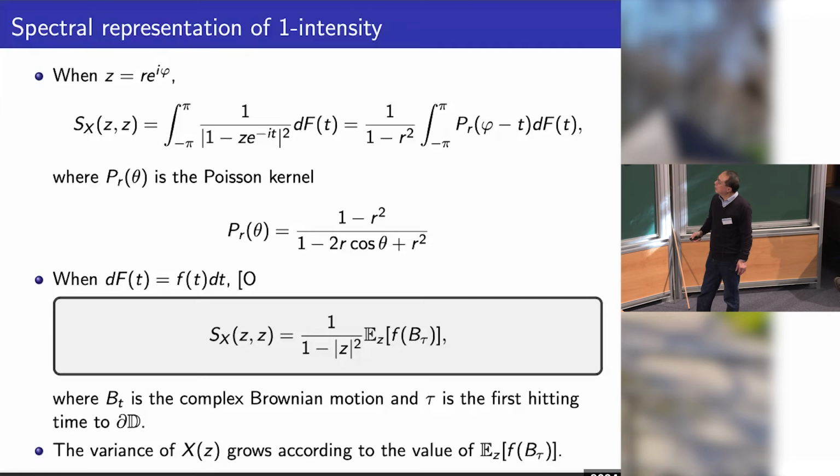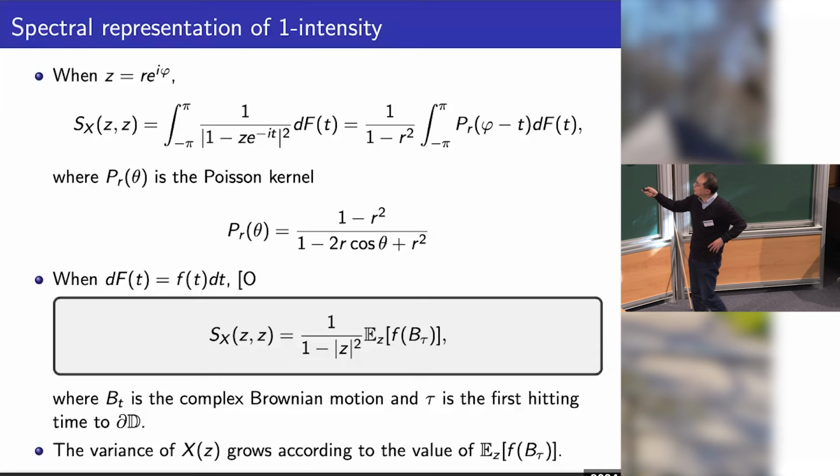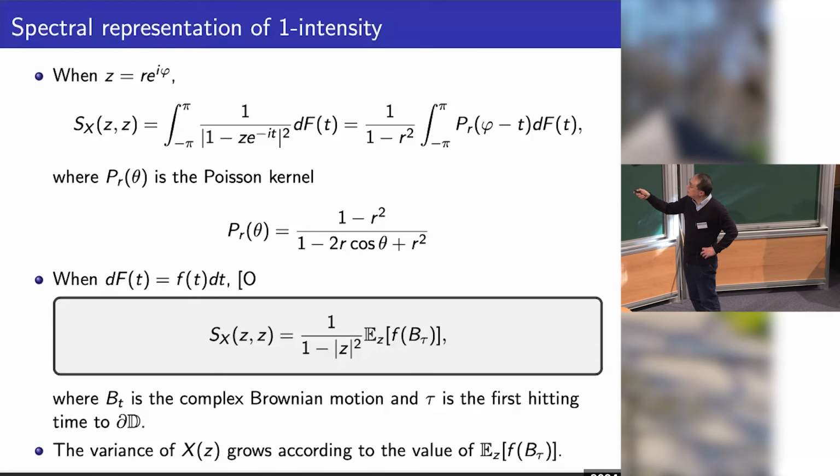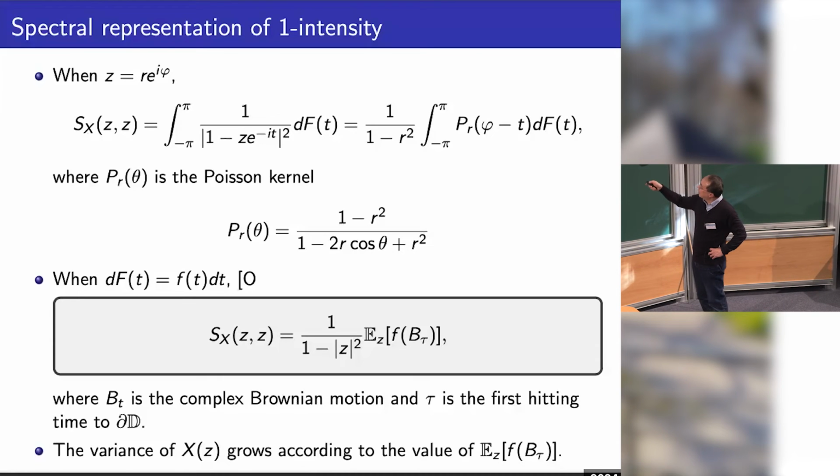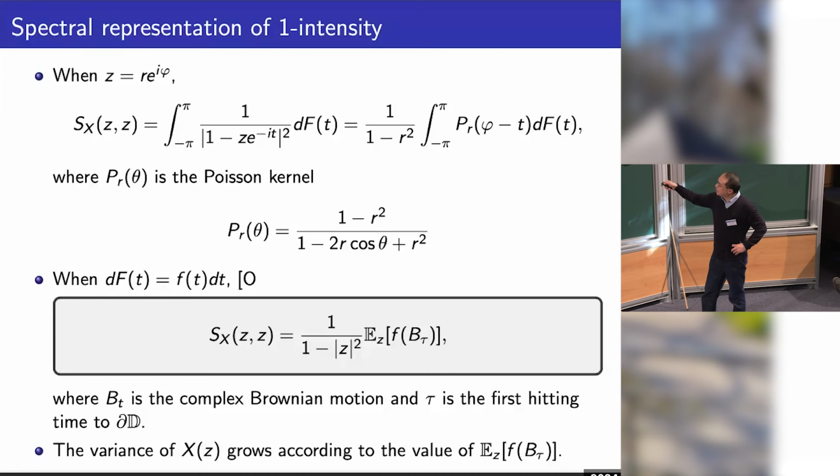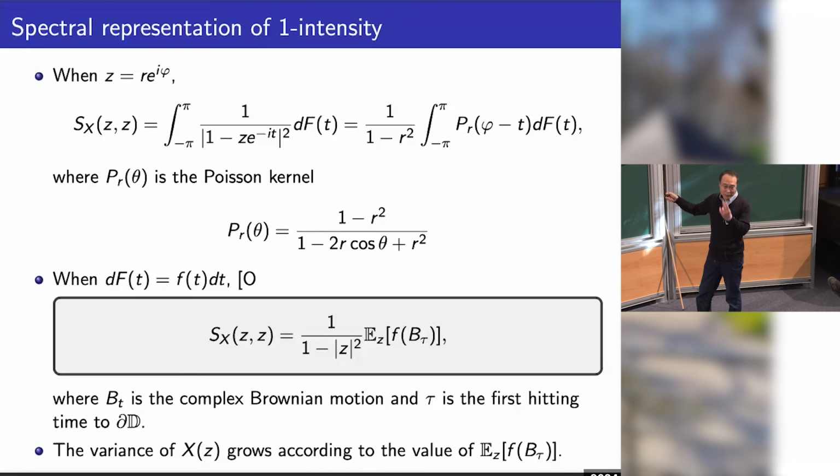If the spectral measure is absolutely continuous with respect to the Bergman measure, then using this density, Sx is given like this. Here Bt is a complex Brownian motion on the disk, starting at z. If z approaches the boundary, this part diverges.